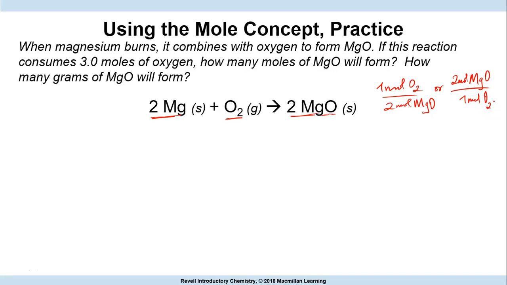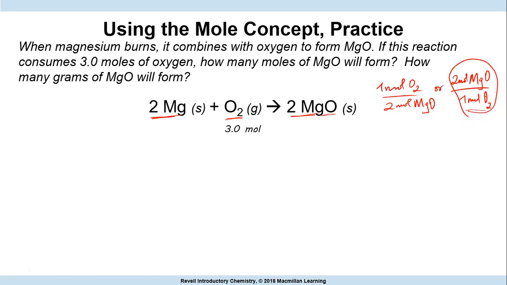We always start with the quantity that we've been given. We've been given 3.0 moles of oxygen. So we are going to use the conversion factor where moles of oxygen is at the bottom.